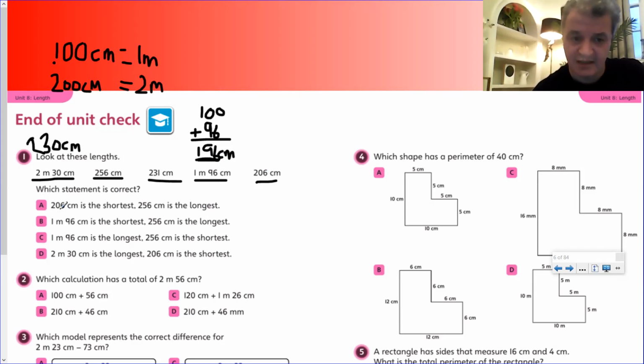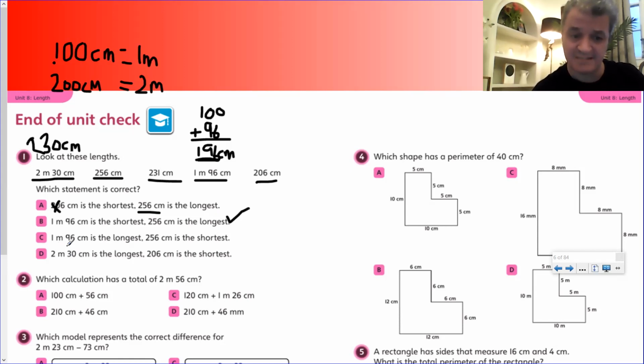So this is incorrect. 256 is the longest, but that definitely isn't the shortest. 1 meter 96 is the shortest, 256 is the longest. We now know that that statement is correct.